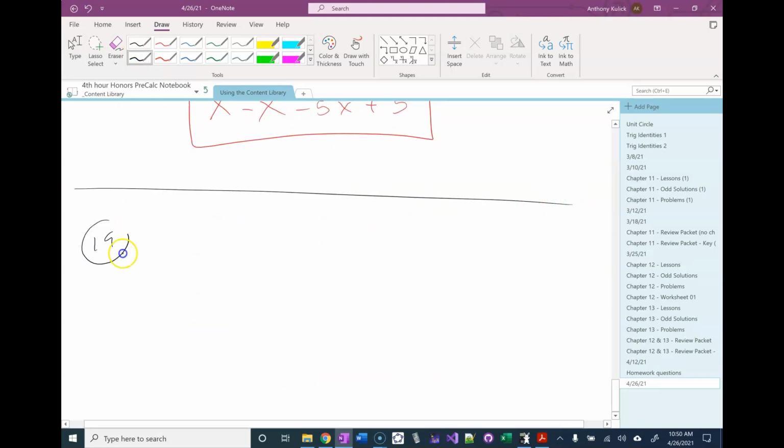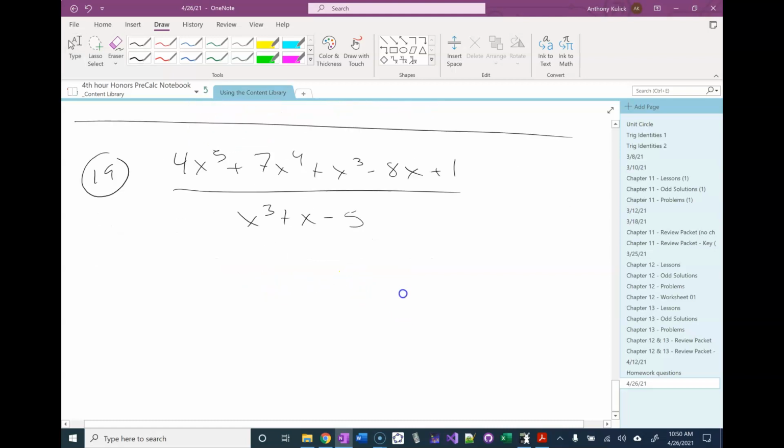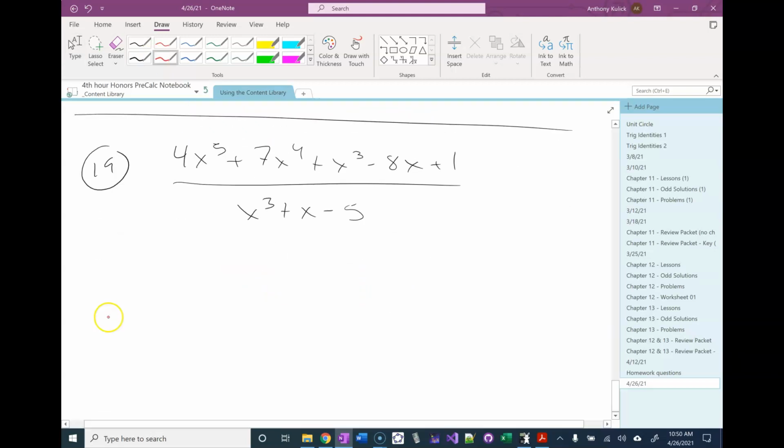Number 19 is another long division problem. Again, I'm going to set this up the same way. The divisor is the denominator and the dividend is the numerator.